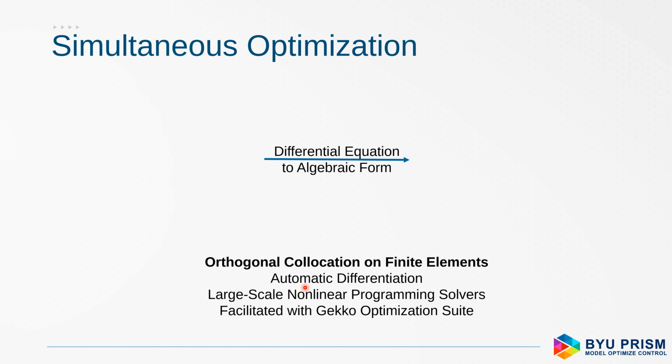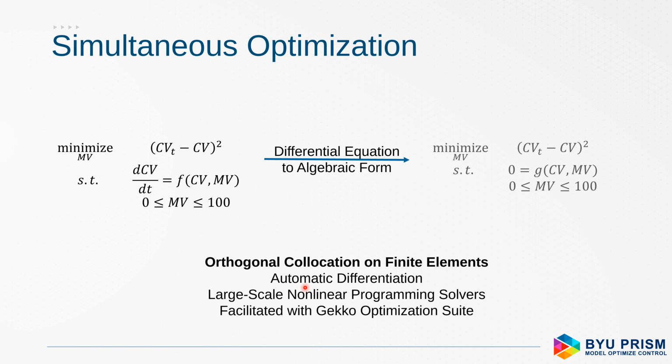So for simultaneous optimization, we're going to take this system of equations and transform it into an algebraic form. So you've transformed f of CV, MV into g of CV, MV, and you can see there's no differential on the left side. Here we've transformed this from a differential equation into an algebraic equation.